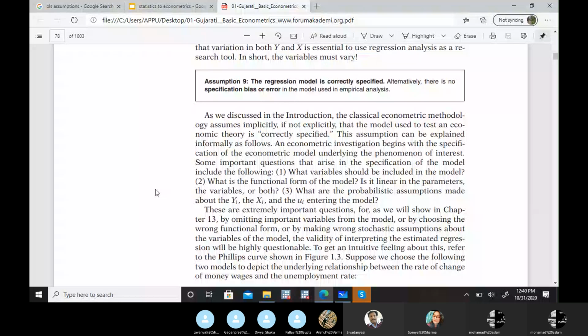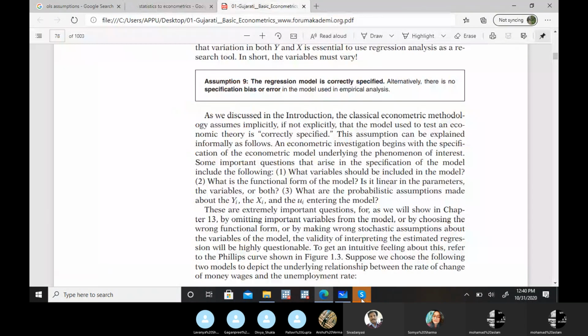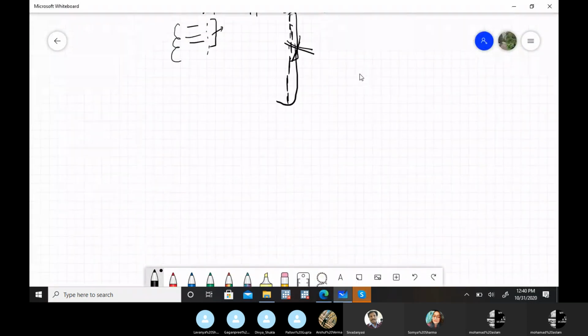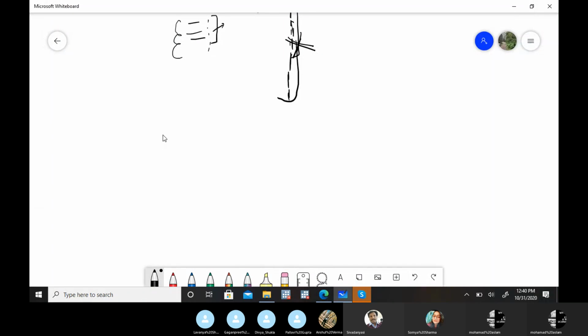Okay, the model is correctly specified. There is no specification error. What it means is that the specification error is of many types, not of one specific type I can describe to you.